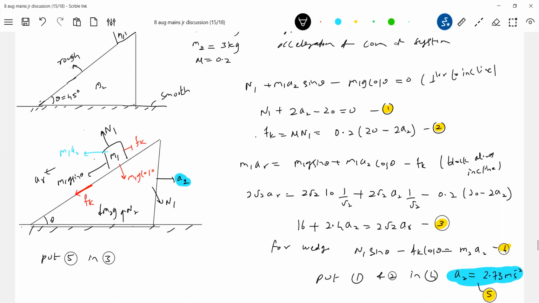What is the value of AR? Let me check with the calculator. Substituting the value of A2 here, with root 2, I'm getting 7.97, or you can write it as almost equal to 8. This is equation 6.